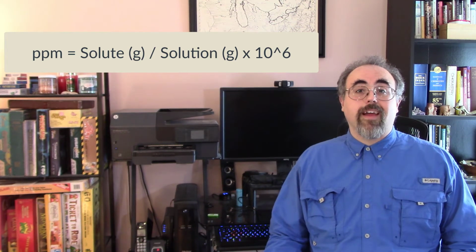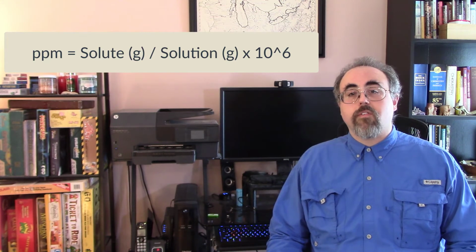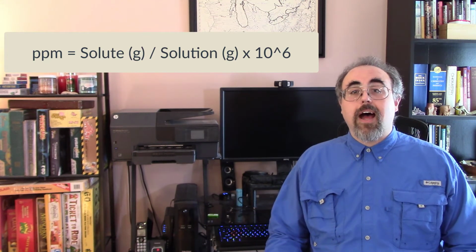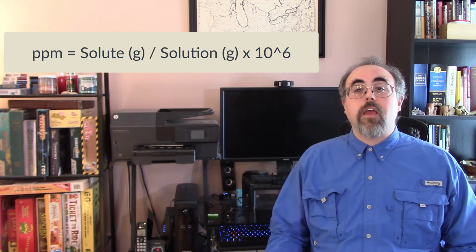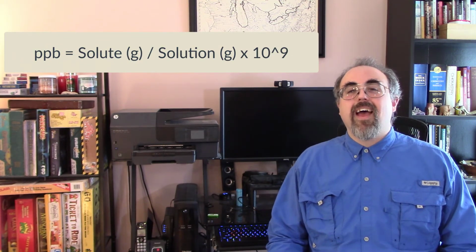Those would be things like a million. So in this case, if you'd had grams of solute divided by grams of solution times a million, you would get a parts per million. If instead of a million you want to go with a billion, then you would have a parts per billion. These are useful for measuring fairly dilute solutions.